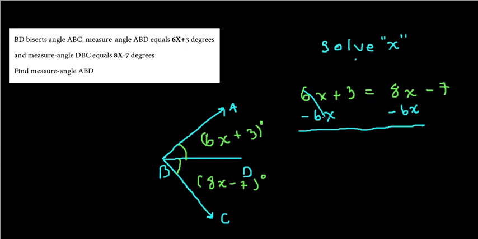So that is going to cancel out. We are left with 2x on the right hand side. On the left hand side, we don't want any numbers. So in order to get rid of the 7, we are going to add 7 to both sides.